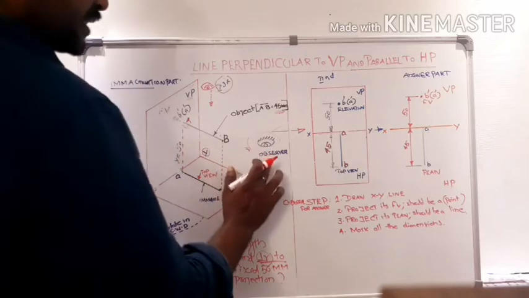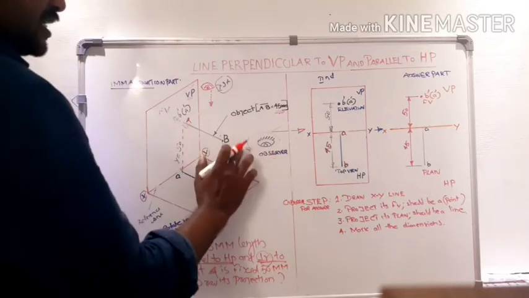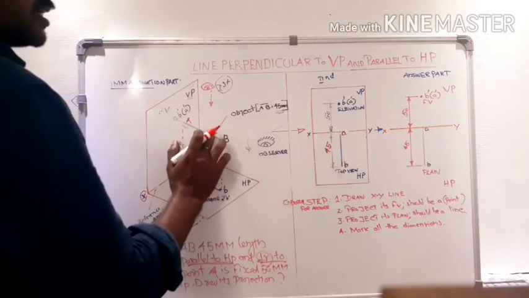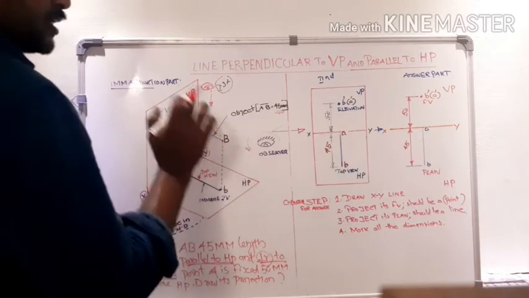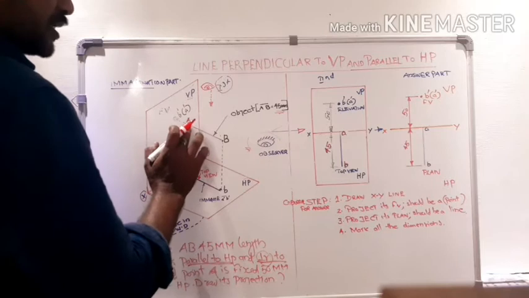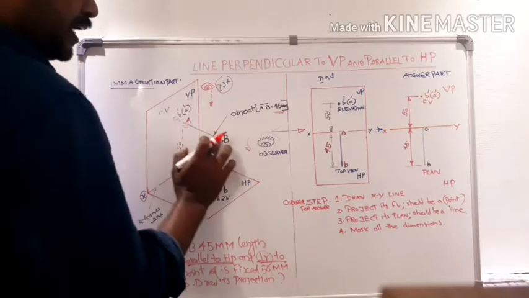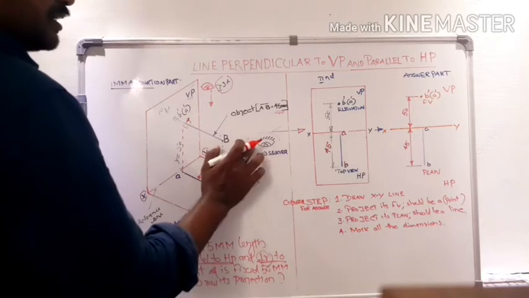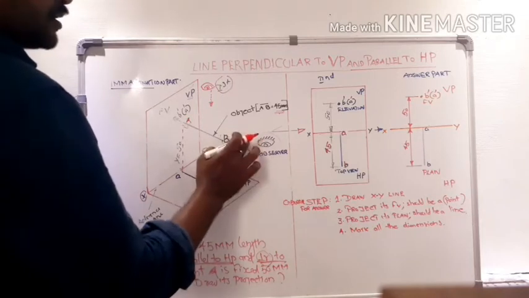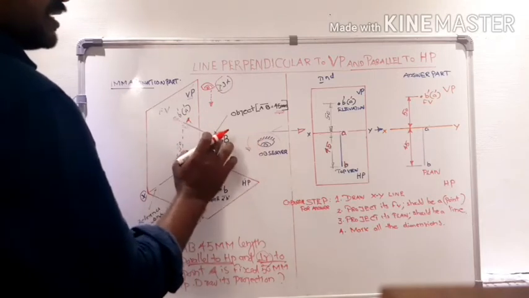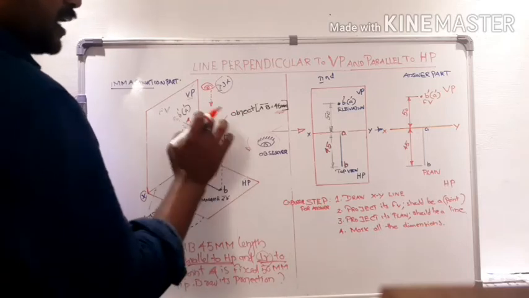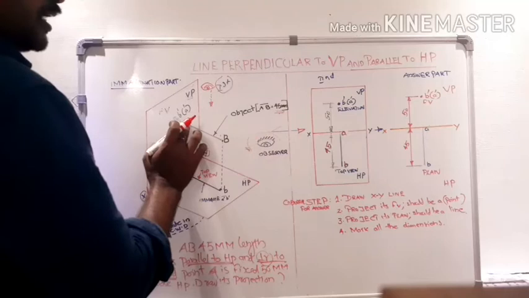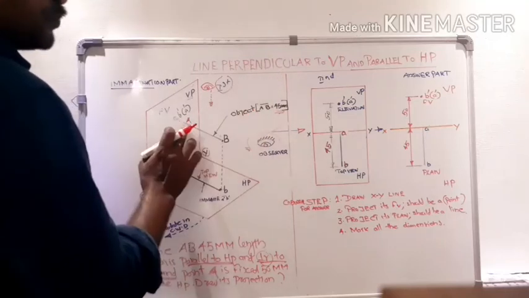From this direction he can see that the object seems to be a point. We know that our object is actually a line, but from this direction this line seems to be merely a point.